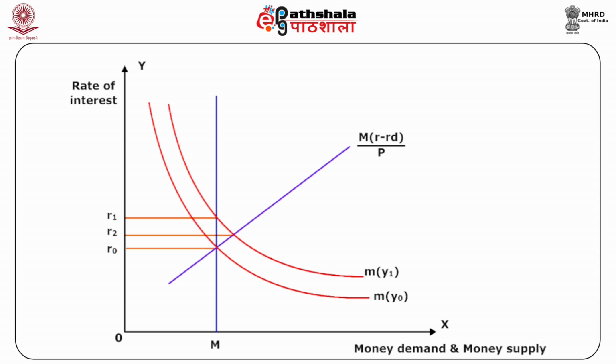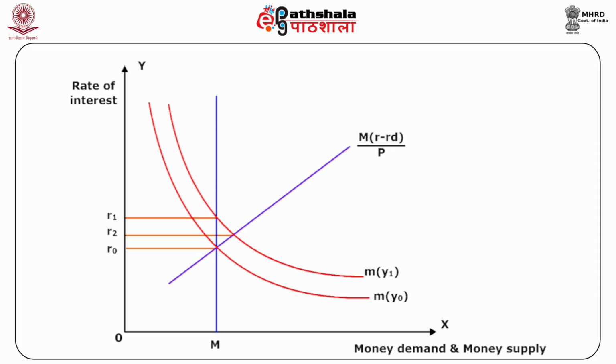So the rate of interest does not go up from R0 to R1, which is the case when the money supply is exogenous. In the case of an endogenous money supply function, we find that the rate of interest is restricted to R2, which is less than R1.